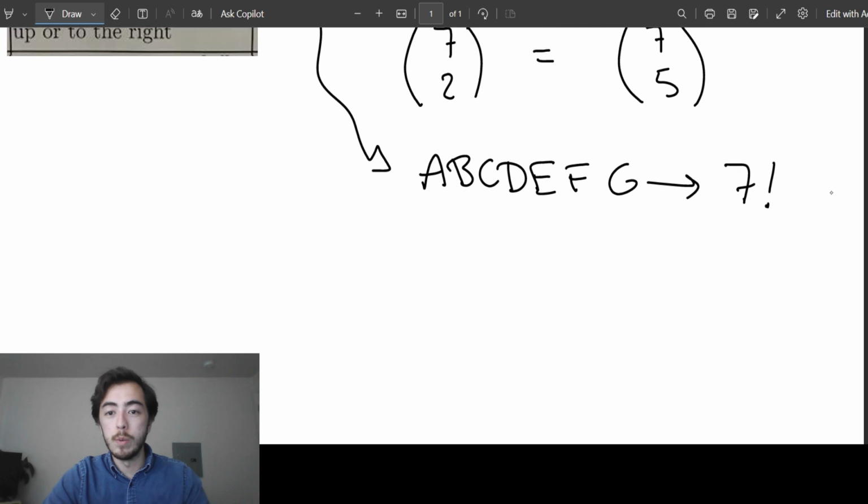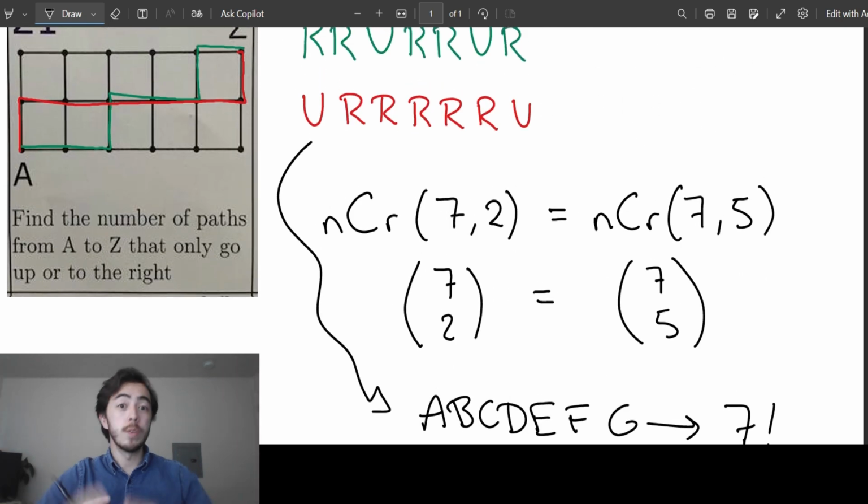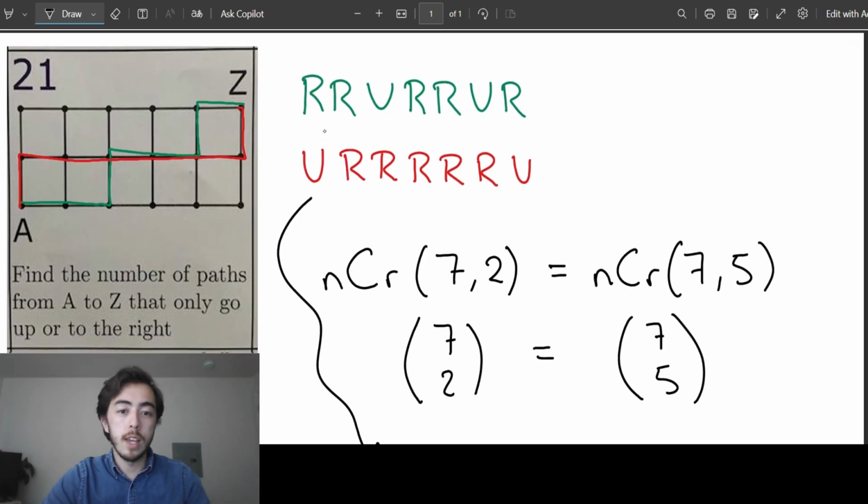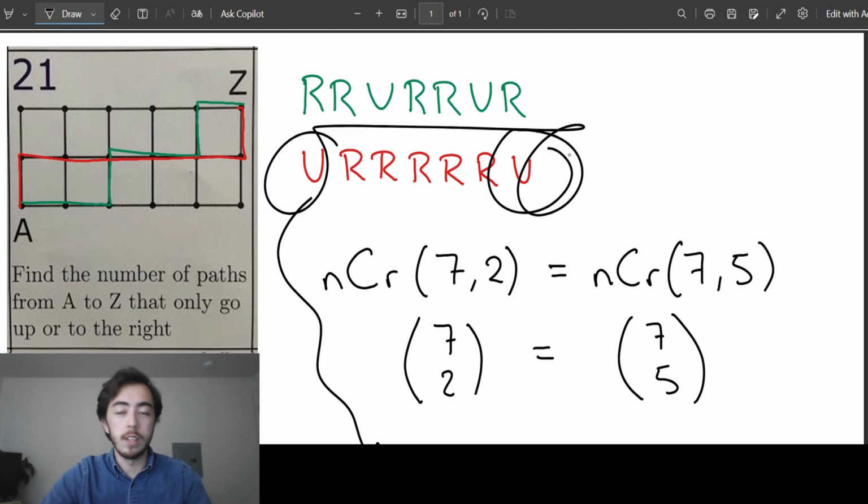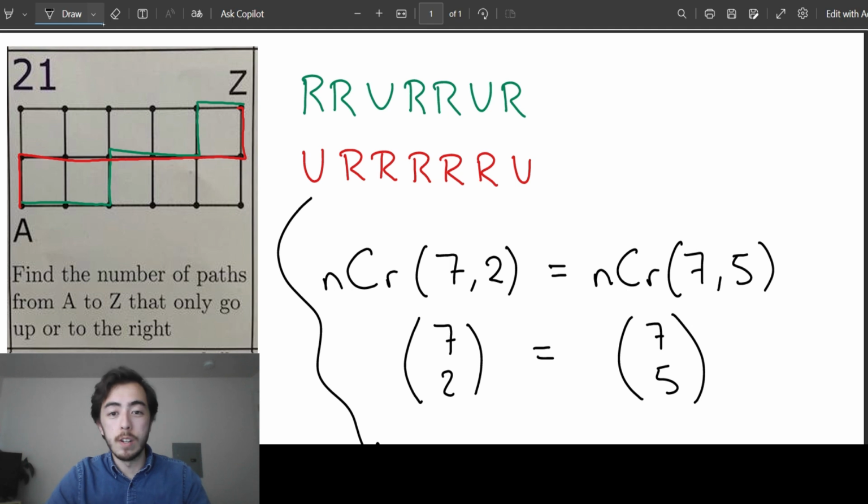And so now we need to reduce this number, right? I was saying that both of these U's, there's nothing different about one U than the other. They could be swapped and it's still the exact same sequence, and it would still represent the same sequence of moves of right and up on our diagram.